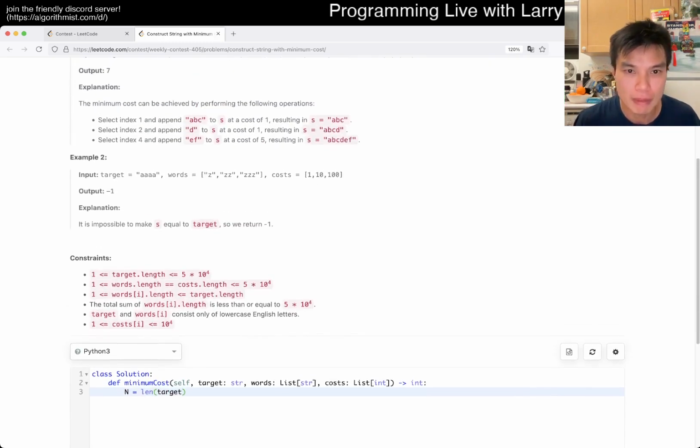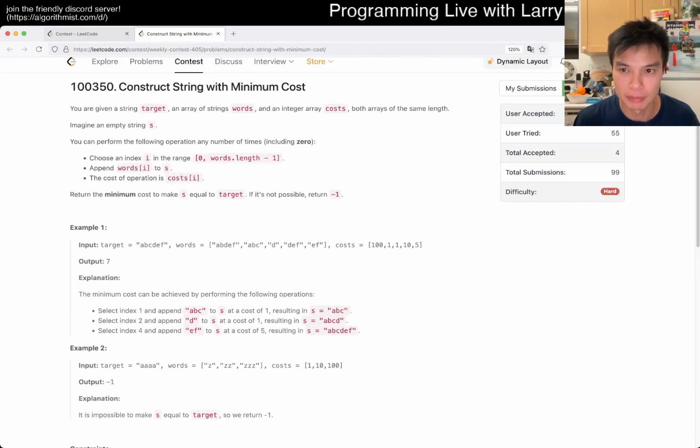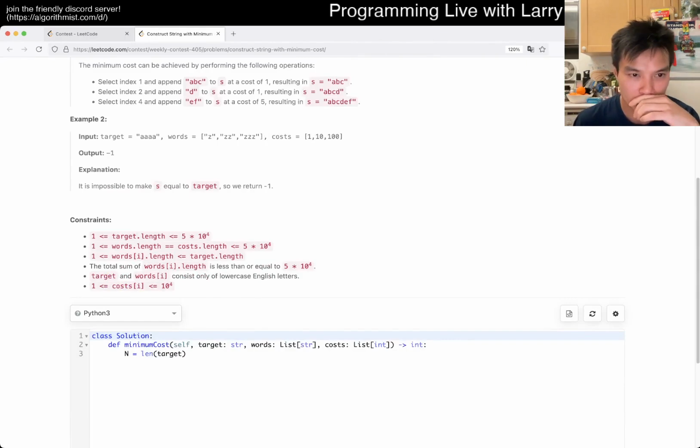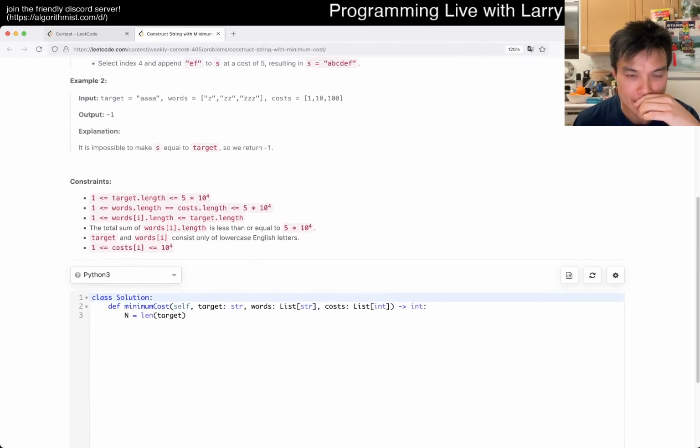And the thing is going to be constraints, right? I mean, otherwise it's just straightforward DP, or shortest path rather. There are a lot of words.